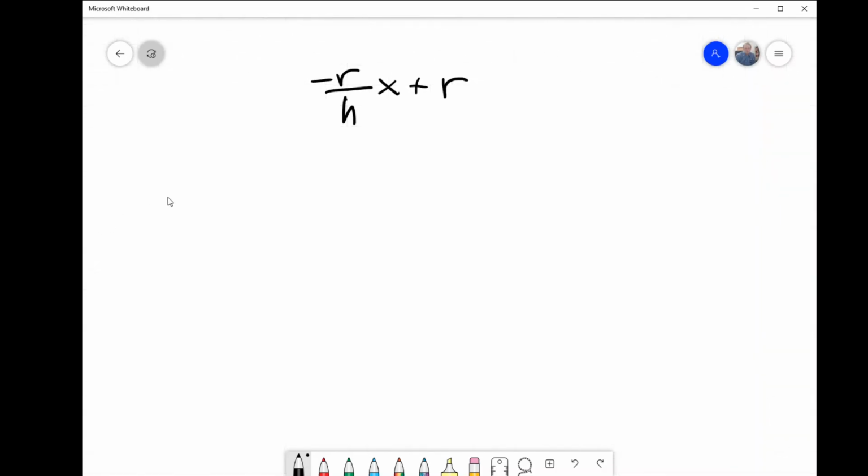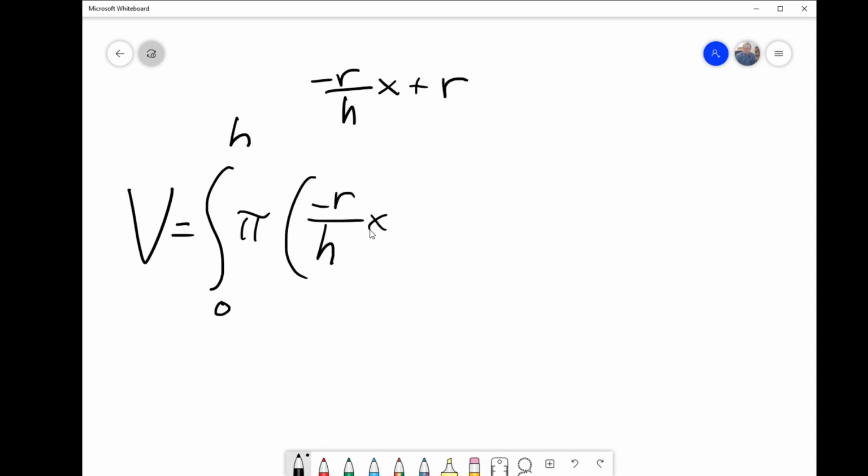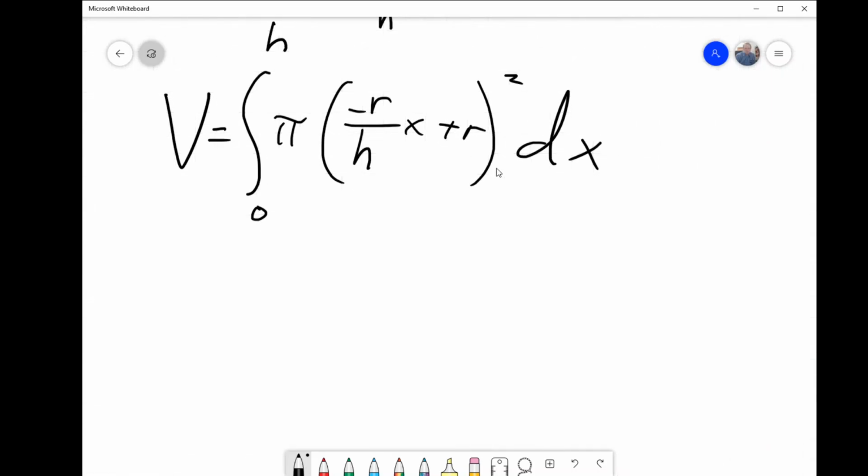So that means our volume is going to be the integral from 0 to h of pi times the quantity negative r over h x plus r, squared, dx. So this is the expression we're going to have to work with.